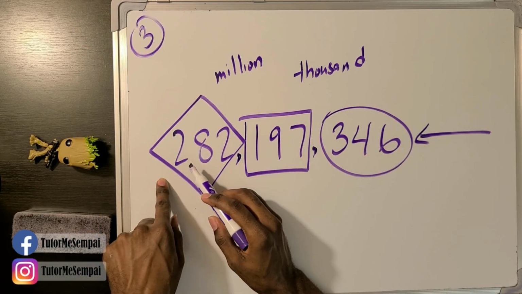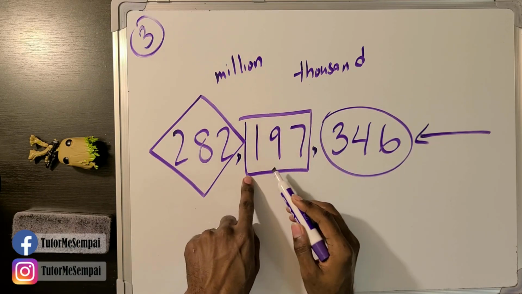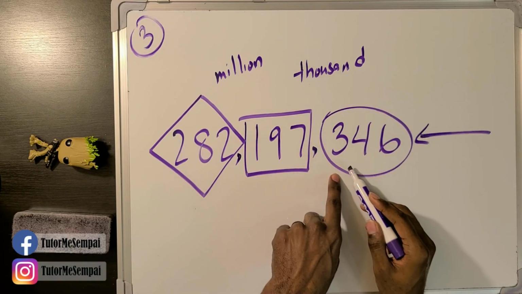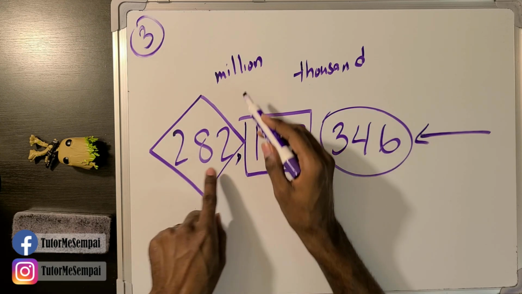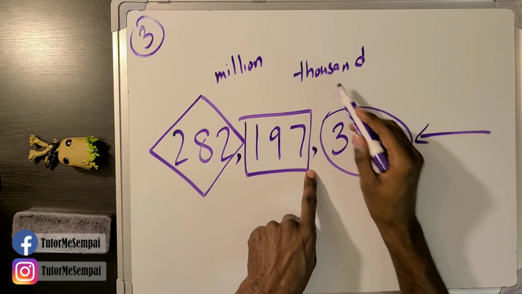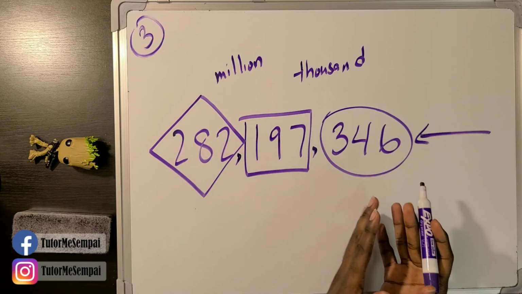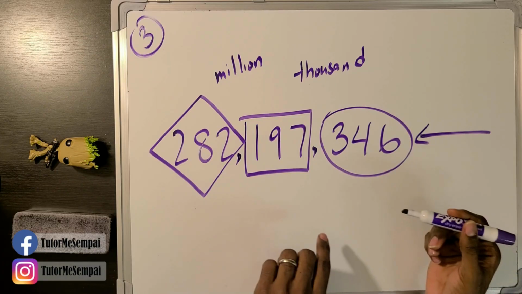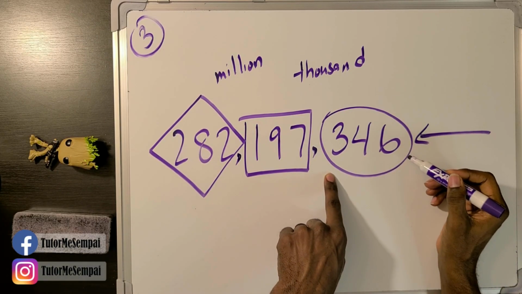So we're going to start in this shape and say 282,197,346. As long as you break them up into their groups and you name your commas properly from the right, reading this big number is as easy as reading this smaller number.